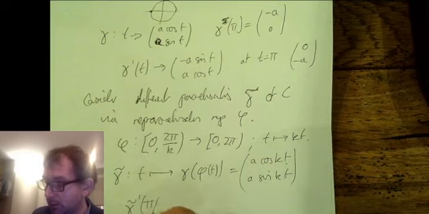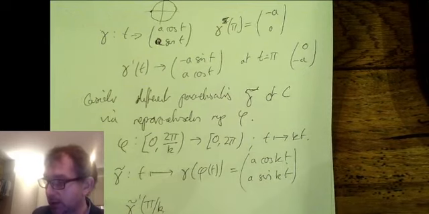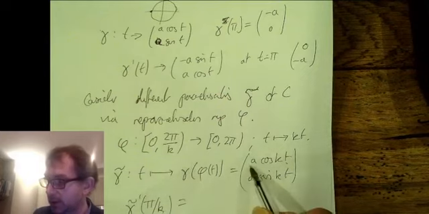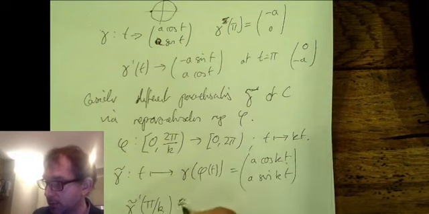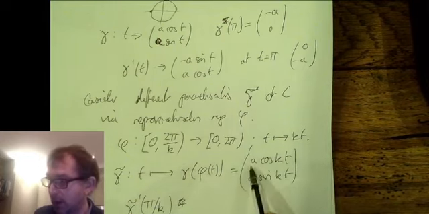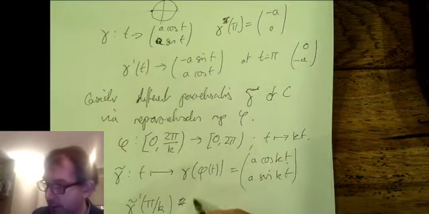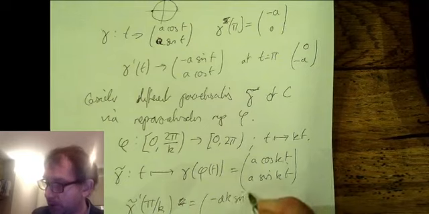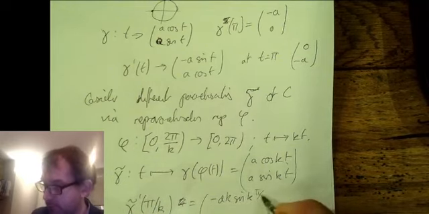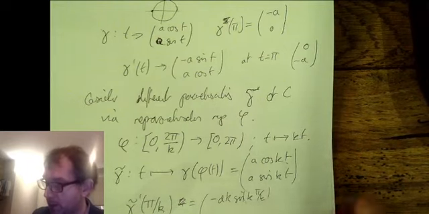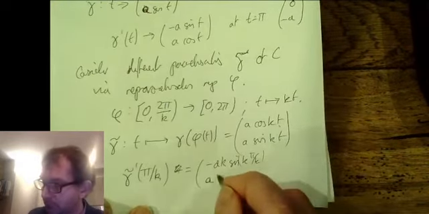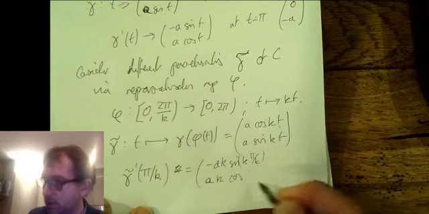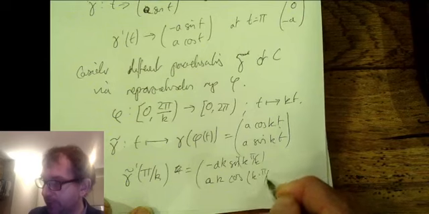Then if I put pi over k in here, I will get the correct thing. But when I differentiate it, I will get (-a k sin(k pi/k), a k cos(k times pi/k)).